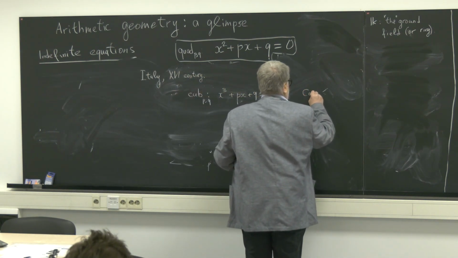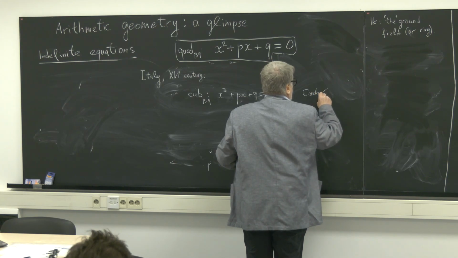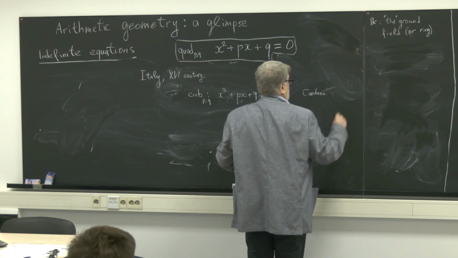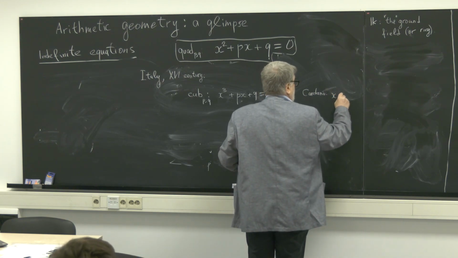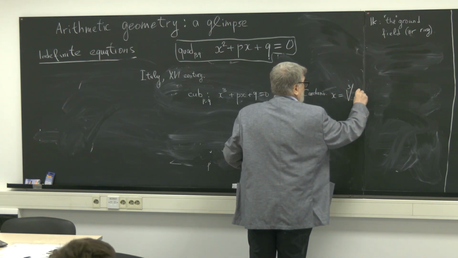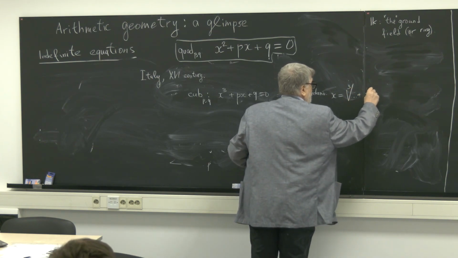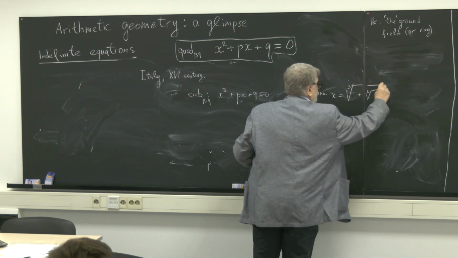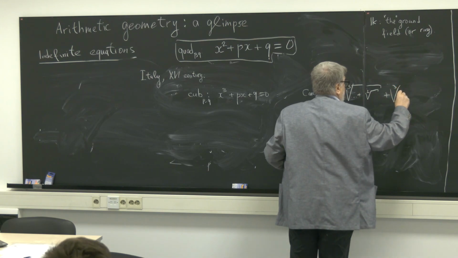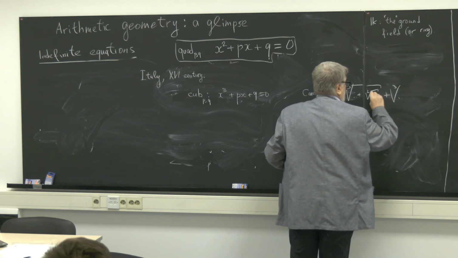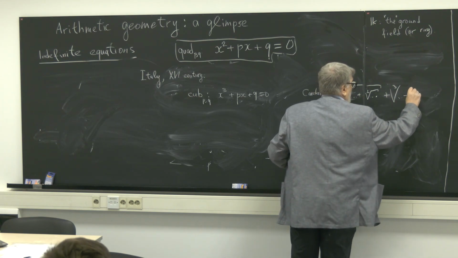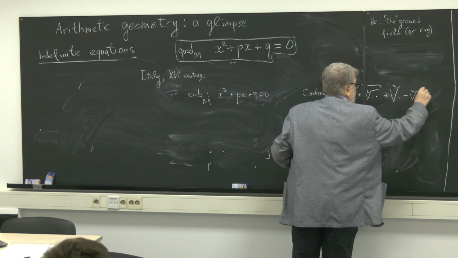The quite formal answer is the Cardano formulas: x is one cubic root with some square root, plus another summand like this, minus the square root.